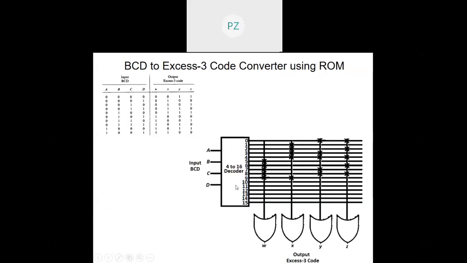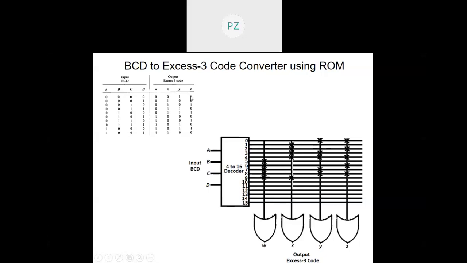So what can we do? We can put these inputs A, B, C, D at the very input of the ROM. Now this 4 to 16 decoder is going to generate 16 minterms out of this 4 input function of the BCD variables A, B, C, D. So we see that we have to generate the outputs here.